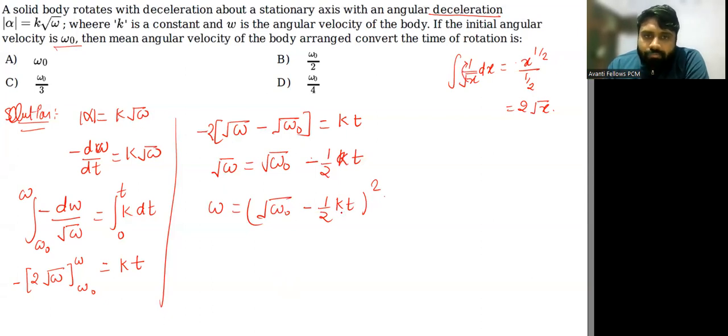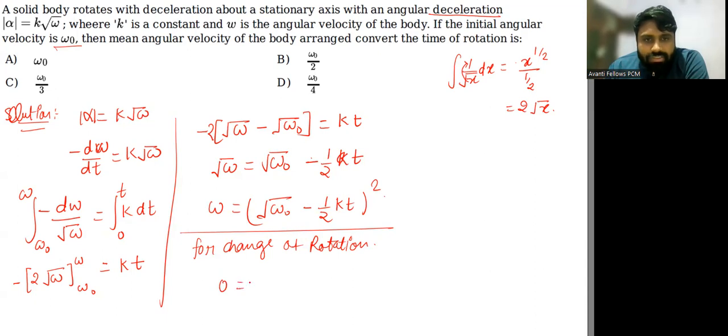Okay. If you find out the time where this omega will become 0, because we have to calculate it for that time when the rotation will change. Rotation will change, so omega will definitely be 0 for that time. So put this omega 0 here. For change of rotation, put this omega is 0.